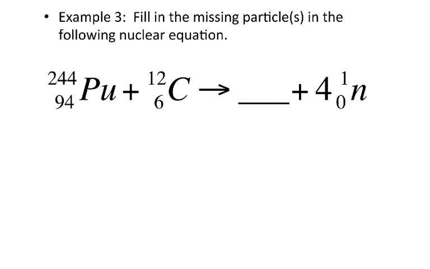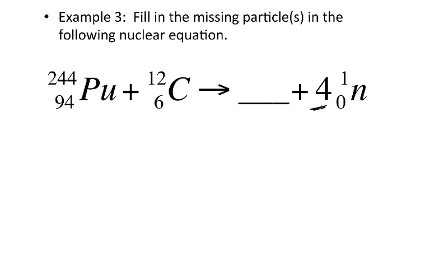All right, this works the same way as the last two that we did. The only additional wrinkle that we have here is now I've got a number in front of one of the entities in my equation. And so just like a chemical reaction, when I put a coefficient in front of something, I'm just saying I have 4 of these neutrons. So when I'm doing my math, I've got to multiply 4 times 0 for the atomic number and 4 times 1 for the mass number.